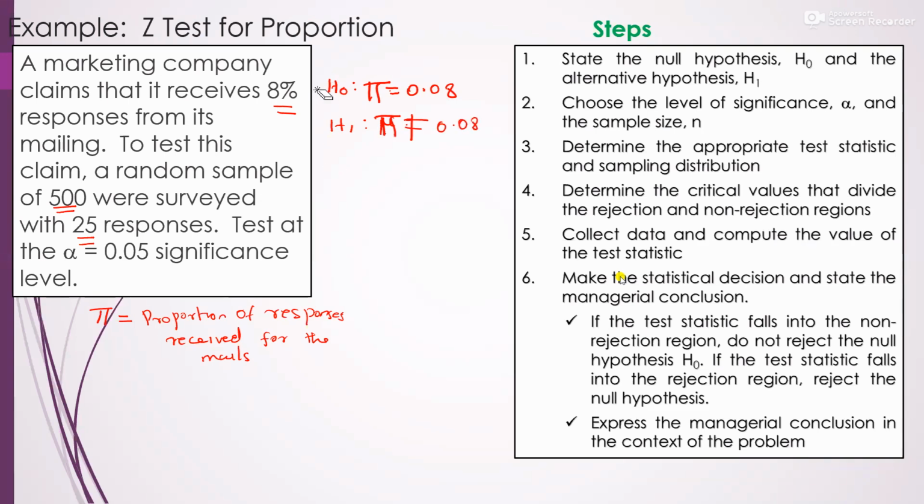That is step 1. And step 2, alpha is equal to 0.05 and your sample size is 500.